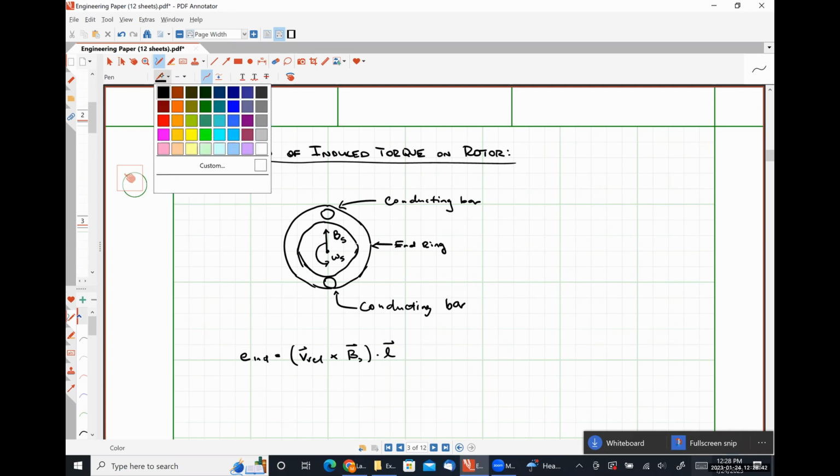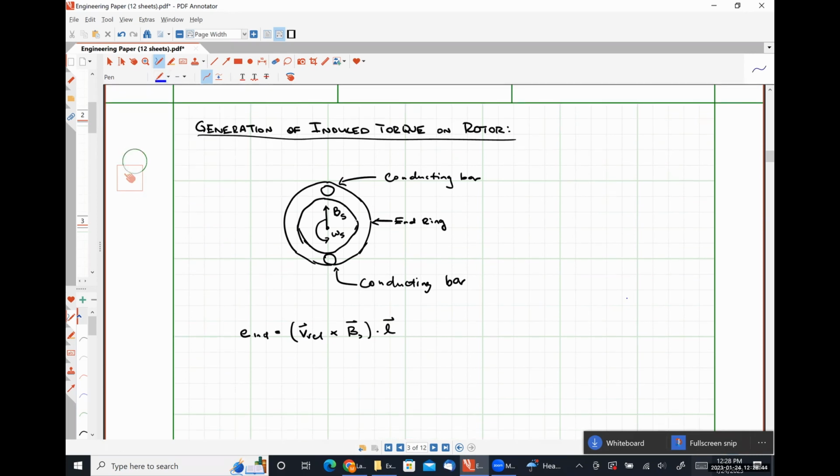Okay. So relative velocity between our stator field, B sub S, and our rotor.